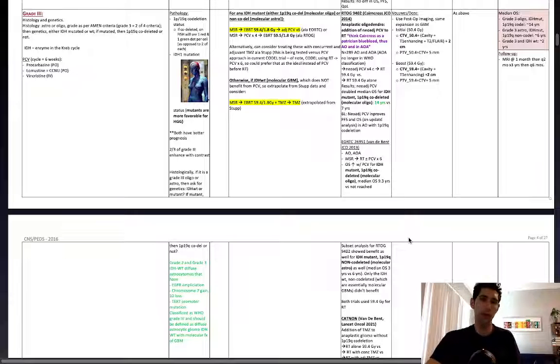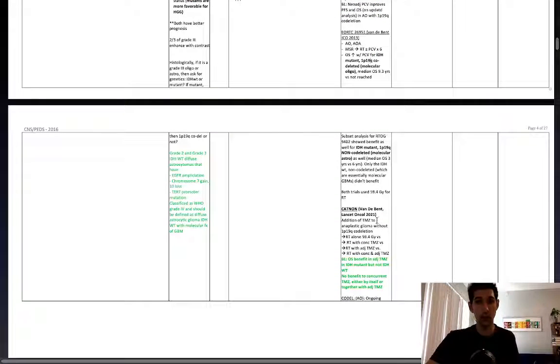Overall survival was improved with PCV for IDH mutant 1p19q co-deleted. Again, molecular oligos. Median overall survival, 9.3 years, was not reached. Subset analysis for RTOG 9402, the Cairncross study, showed benefit as well for IDH mutant 1p19q non-co-deleted tumors. Only the IDH wild-type non-co-deleted, which are essentially molecular GBMs, didn't benefit. Both trials here use 59.4 for radiation.